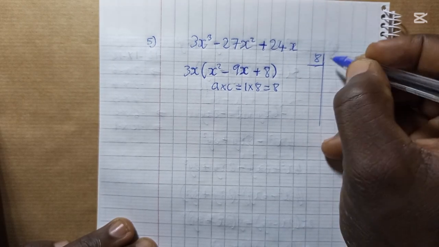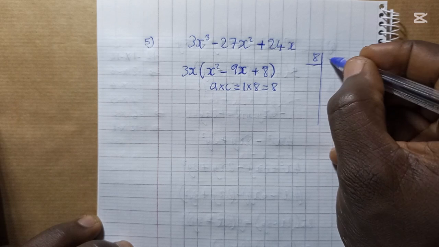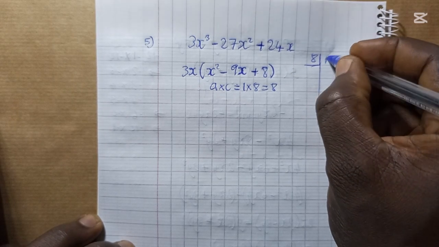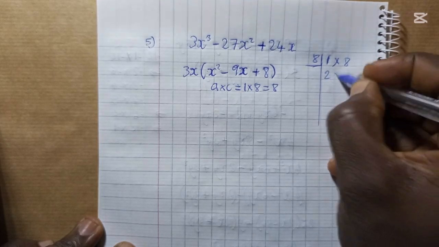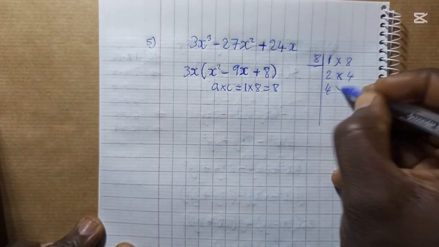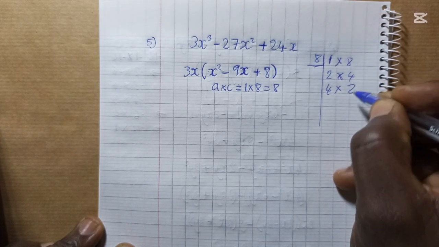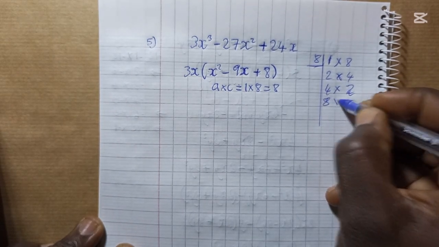Now two numbers that when you multiply them give 8: we have 1 times 8, 2 times 4, 4 times 2, and 8 times 1.